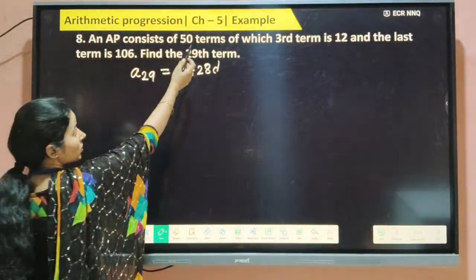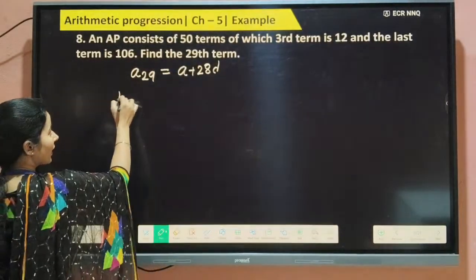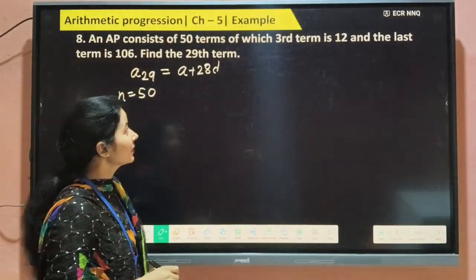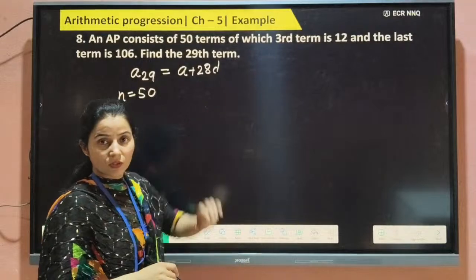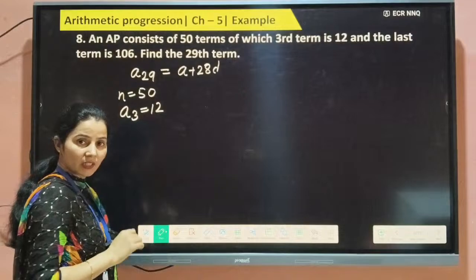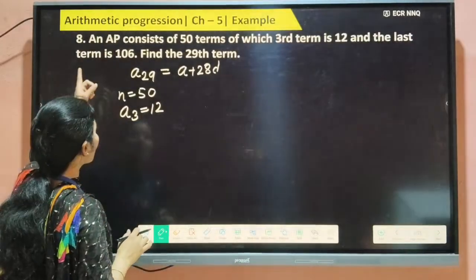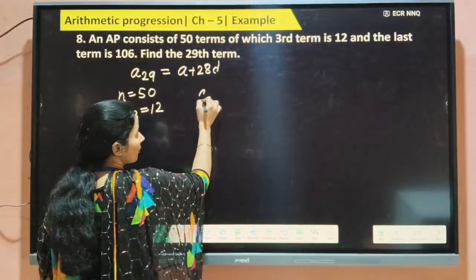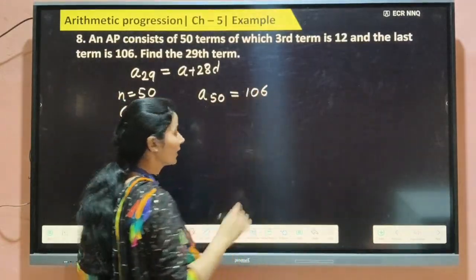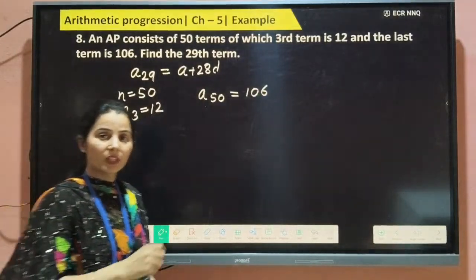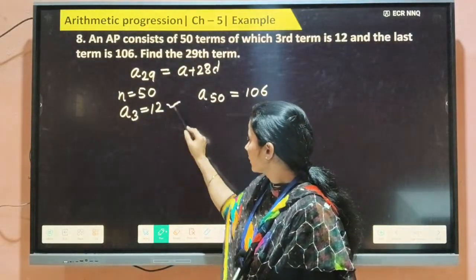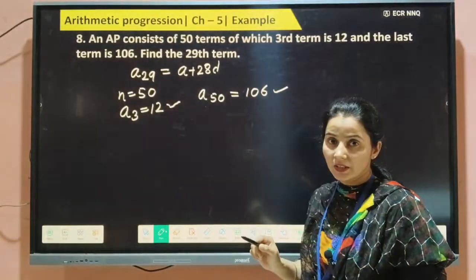An AP consists of 50 terms, and the value is 50 because this AP consists of 50 terms, of which the third term is 12. A3 is 12. The last term means the number of terms is 50, so the A50 term is 106. The third term is 12 and the last term is 106.